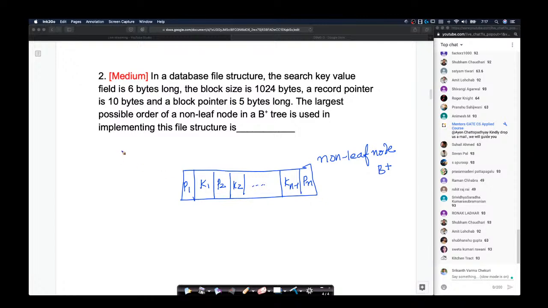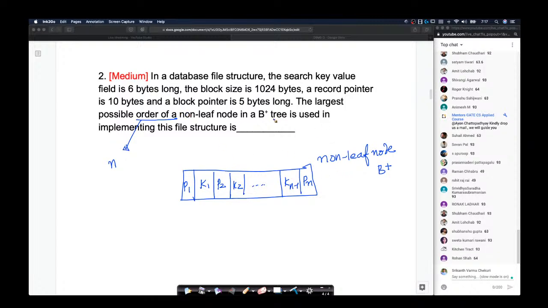And the order is nothing but n, right? The order of a non-leaf node is nothing but n here, if this is the structure that you're drawing, right? So use this diagram always. It's a very important skill to start drawing diagrams. Okay, now it's straightforward. With this diagram, I think this is just simple arithmetic now.